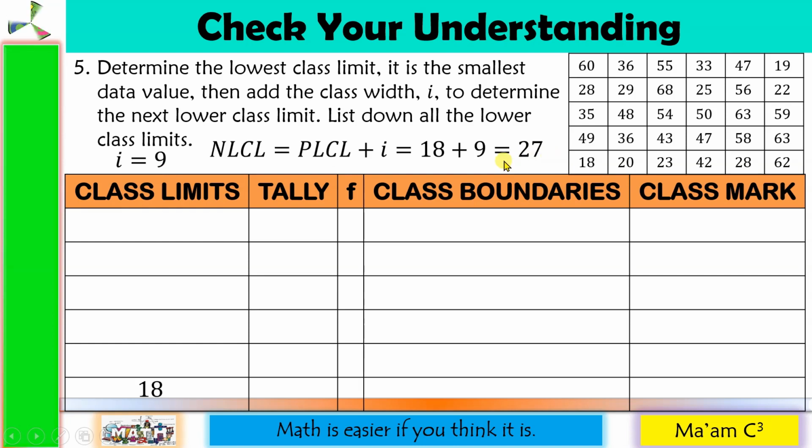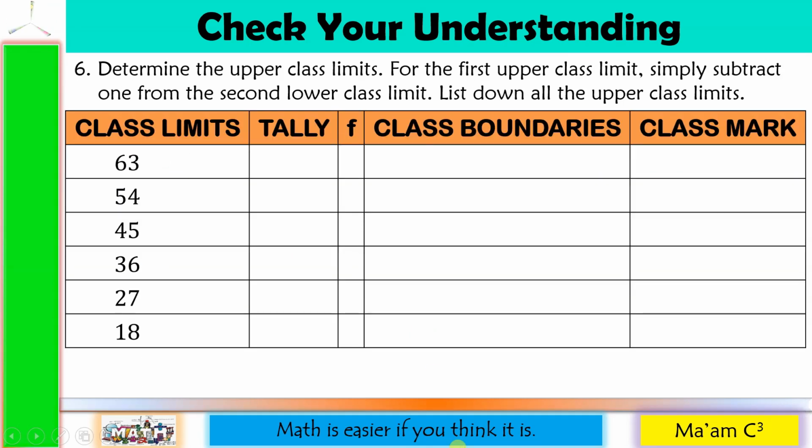This is our next lower class limit, so I'll put it here, 27. For the next, 27 plus 9 is 36. Next, 36 plus 9, that is 45. Next, 45 plus 9, that is 54. Next, 54 plus 9, that is 63.